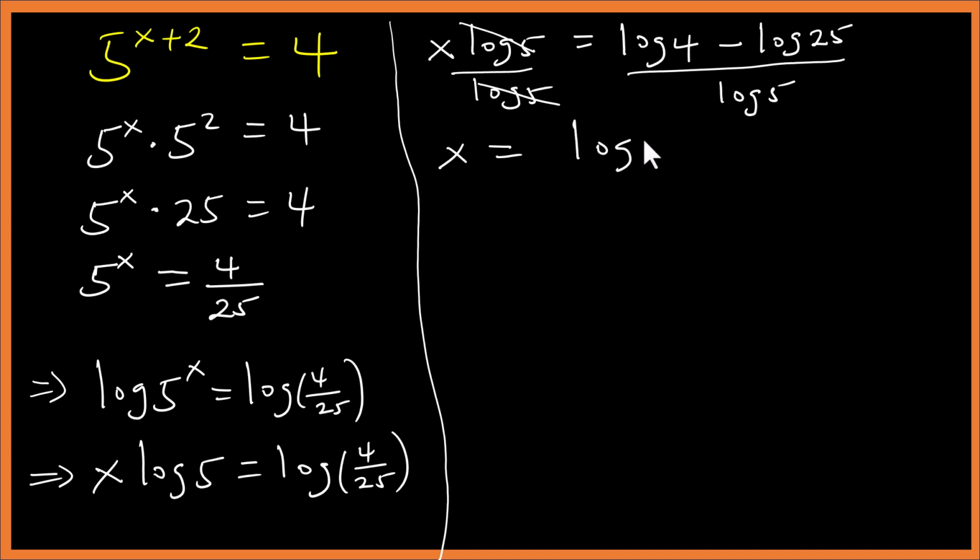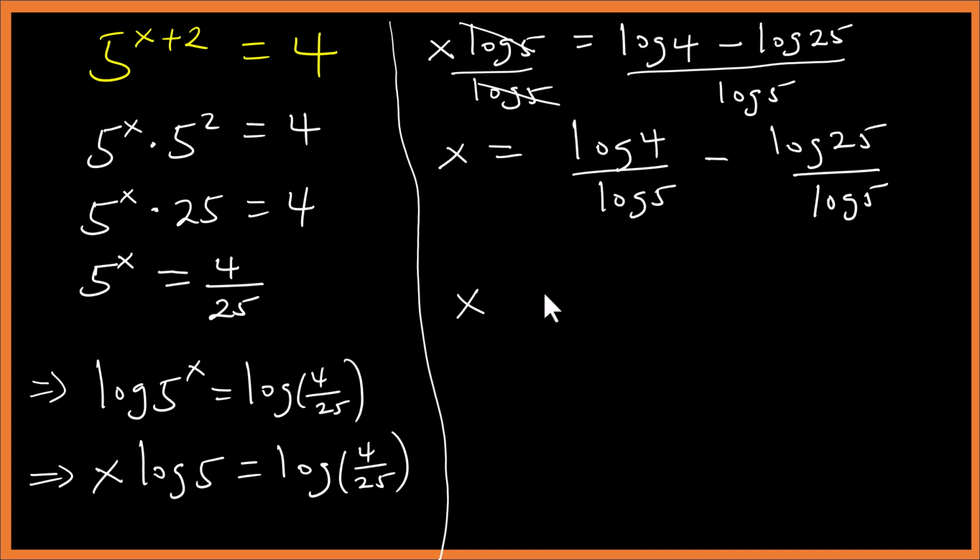my x will be, so we can write this one as log 4 on log 5 minus log 25 on log 5. Okay, so let's consider this one.